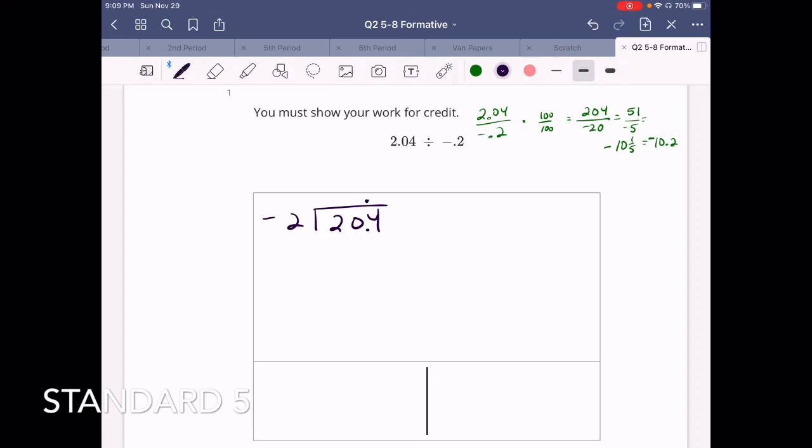So 2 4/100 divided by negative 2/10 is the same as 20.4 divided by negative 2. I'm just going to assume it's positive for now. I know my answer is going to be negative, so I'm going to ignore the negatives. 2 goes into 2 once, 2 goes into 0 0 times, and 2 goes into 4 twice. So I have negative 10.2. A couple ways you could have done that: kept it as a fraction and simplified the fraction, or done the long division.